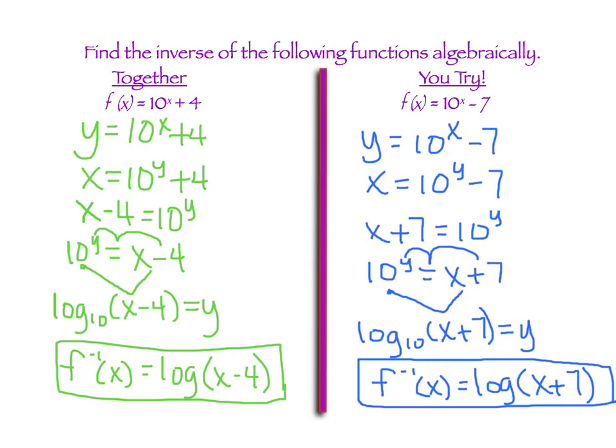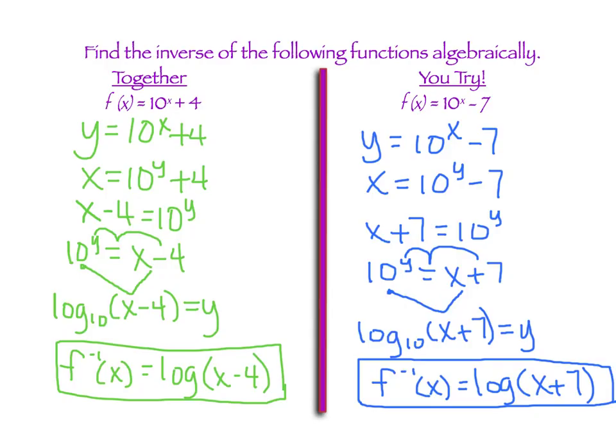You've isolated y, so now all you have to do is rewrite it in function notation form. So instead of y equals, it's going to be the inverse of f of x equals log of x plus 7. Remember, the base is 10, but since that's kind of like the parent base, we do not have to show that.